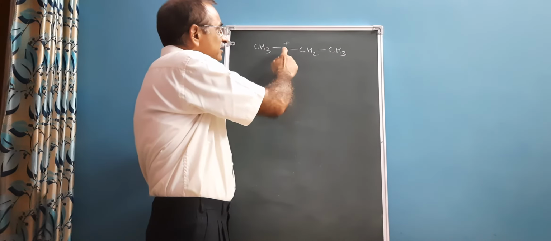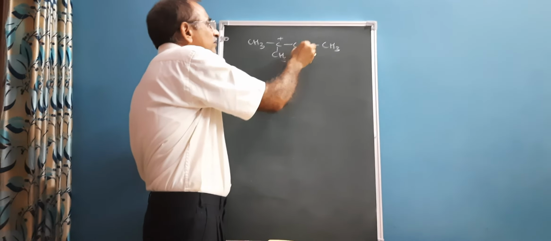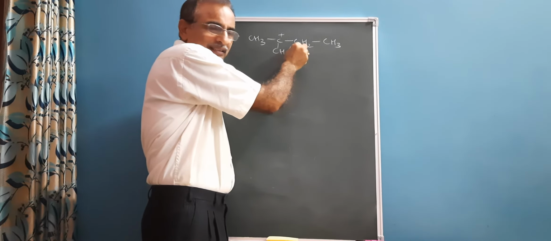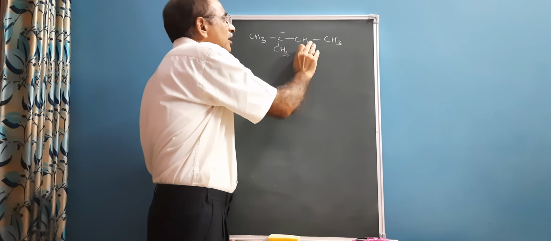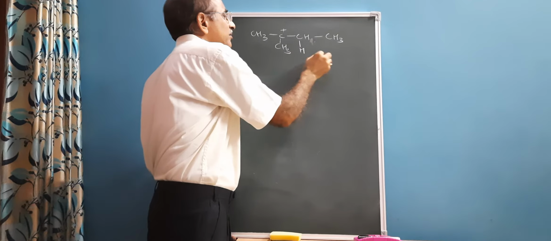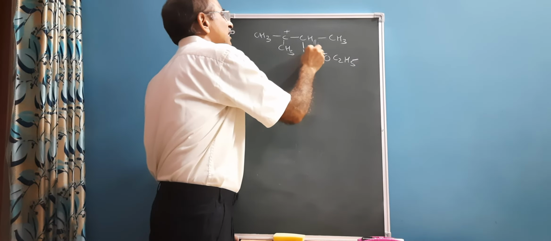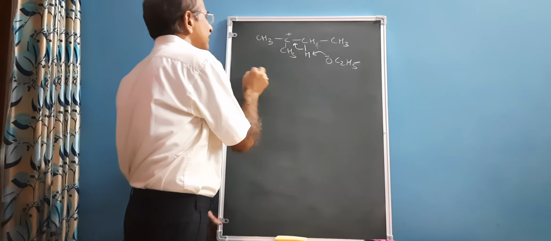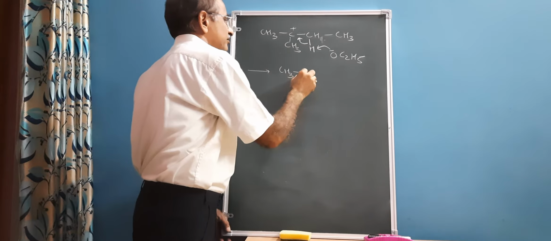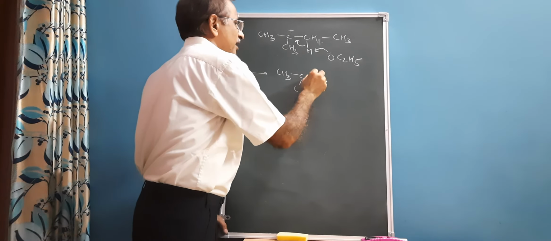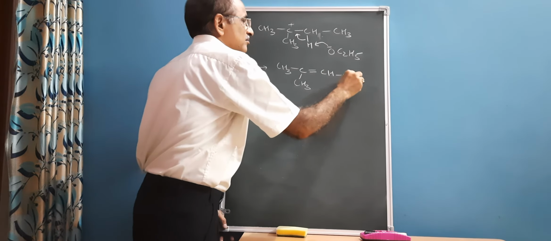Now once this tertiary carbonium ion is formed, because the number of hydrogens at this carbon atom is less as compared to the remaining carbon atoms, removal of a proton from this hydrogen takes place in the presence of this alkali base, and as a result there is formation of alkene, and this alkene is formed here.